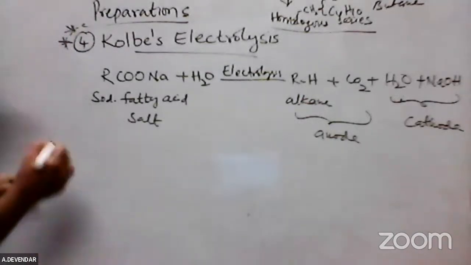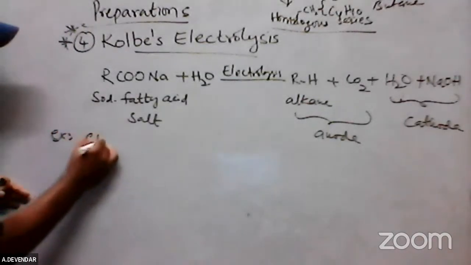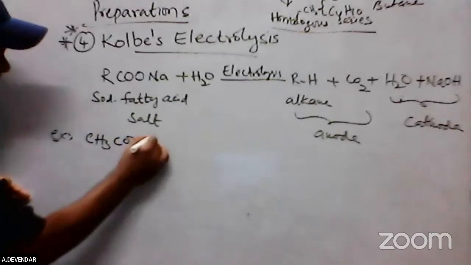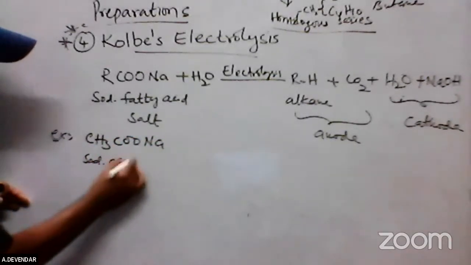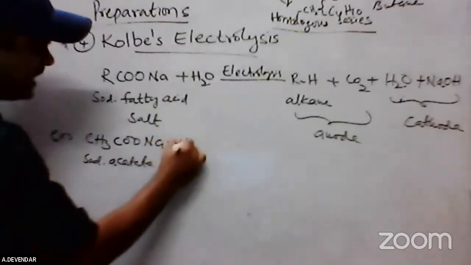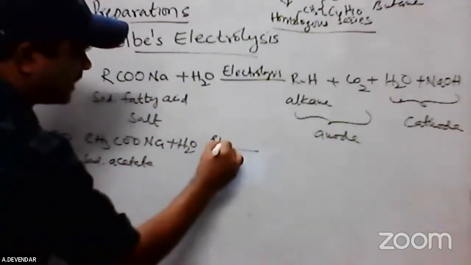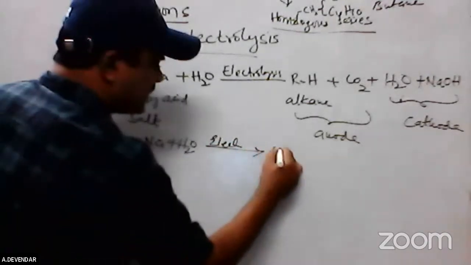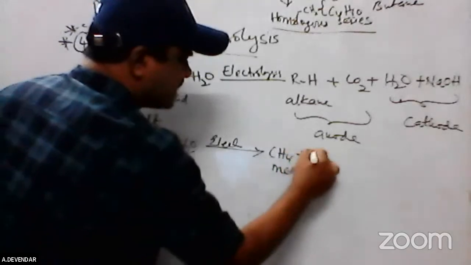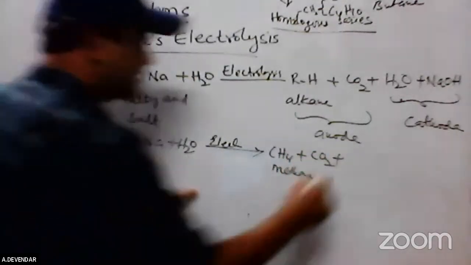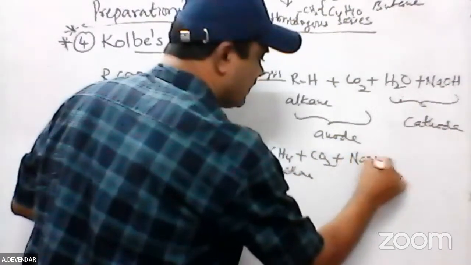Let us see the example: sodium acetate, when electrolyzed, forms CH4, methane, plus carbon dioxide plus sodium hydroxide.